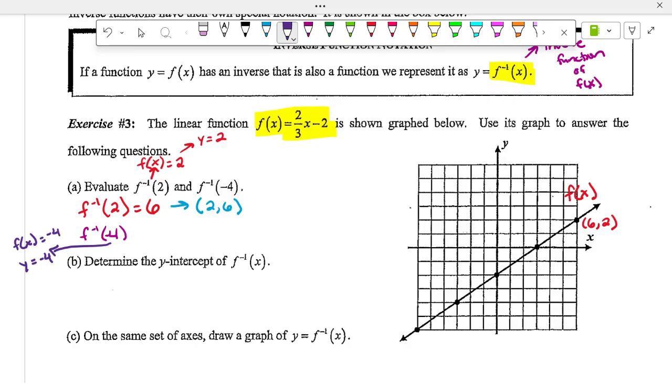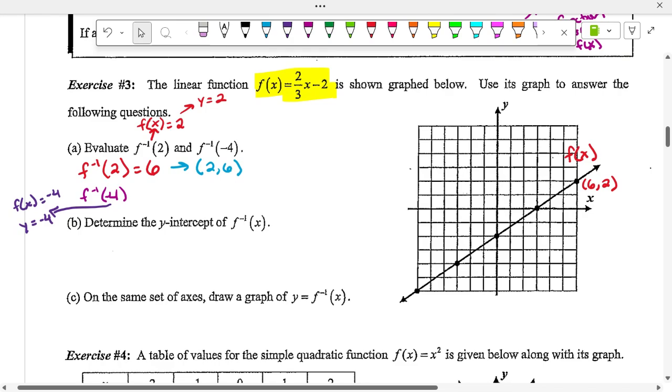This is what I mean by, if there's one thing you've got to remember about inverses, it's that x and y flip. So they're asking you to evaluate the inverse, but they give you the original. You technically got given the y value of the original. So you find the x value. Take a minute, find the x value when y is -4. Go on the y-axis, find where -4 is, slide over till you hit the graph, and then give the x value at that point.